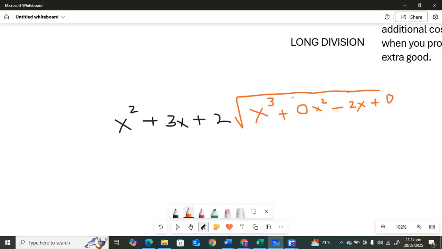Now when you put the expression in this sign here, you have to put it in descending order. Have you seen x cubed, x squared, x to the power 1. I know our equation was given to us like this: x cubed minus 2x. But when you're doing long division of polynomials, you have to put them in order. Since there was no x squared in this expression, that's why I've put plus 0x squared here. Then this minus 2x comes, then plus 0 there.